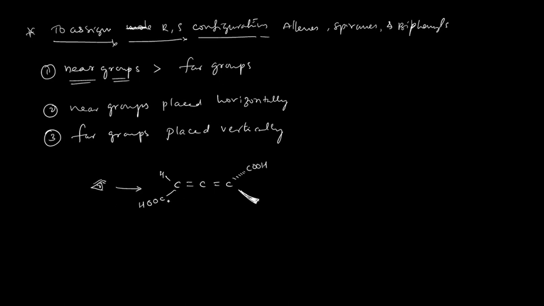To assign configuration to this allene molecule, first we have to write this molecule in Fischer projection formula. While writing the Fischer projection formula, these two are now near groups. Here it is H. These two groups are now far groups.